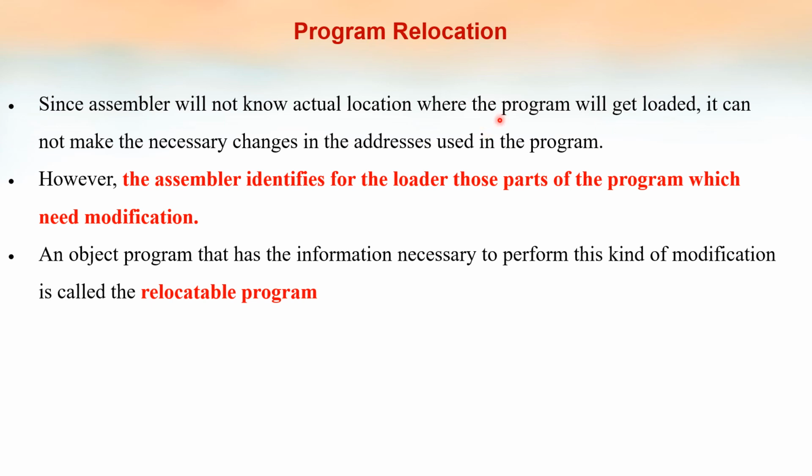It is known by the loader at load time. But the assembler can include some information for the loader. That is, the assembler identifies for the loader those parts of the program which need modification. An object program that has the necessary information to perform this kind of modification is called a relocatable program. So the object program contains some information for relocating.